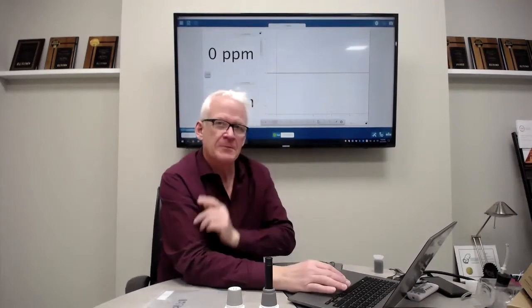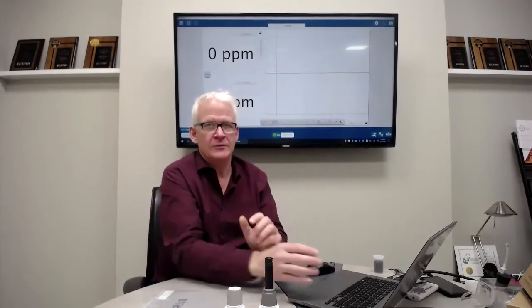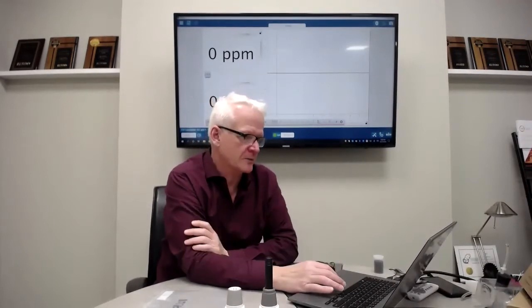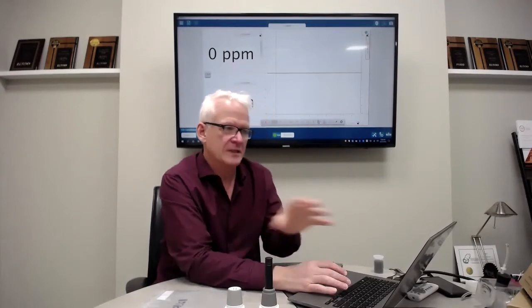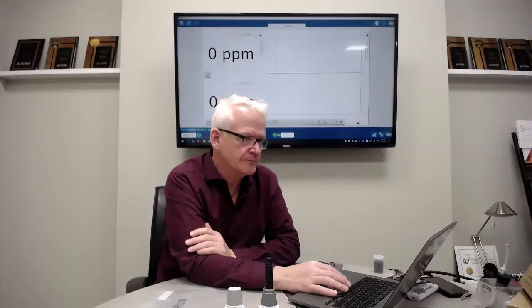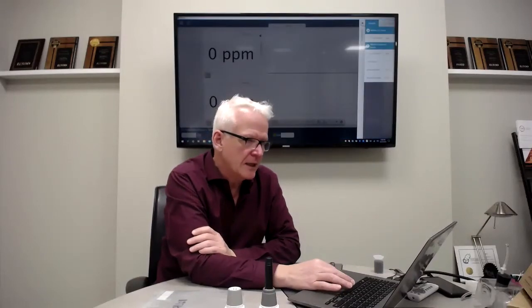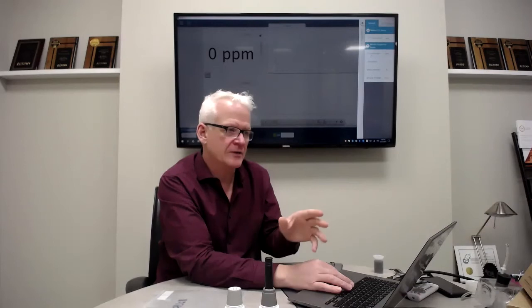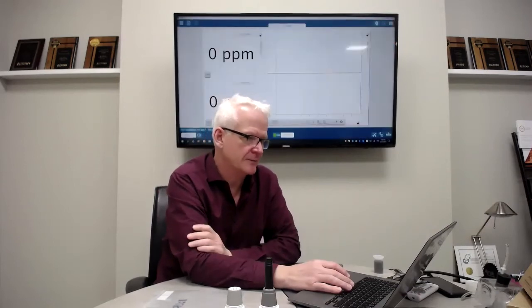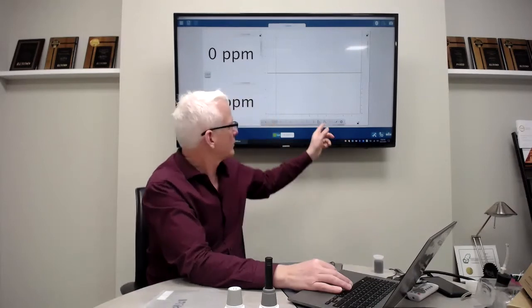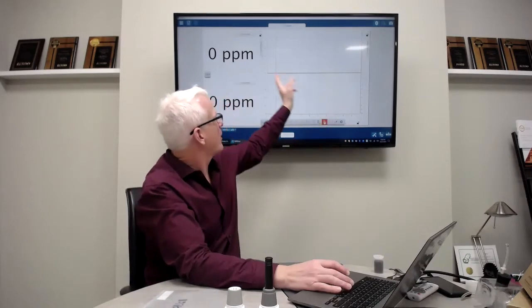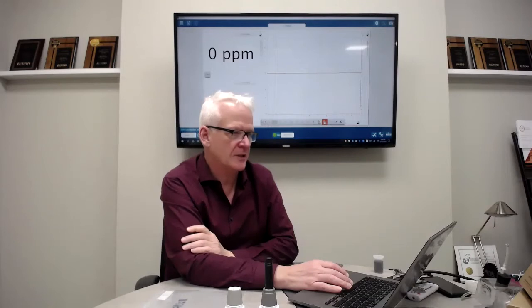But because oxygen and CO2 are so related in this experiment, I'm going to keep them on the same graph. I click on that icon and it scales oxygen to this side, and CO2 goes on the other side. I can also align them with this icon, but they're already aligned, so it's not a big deal.